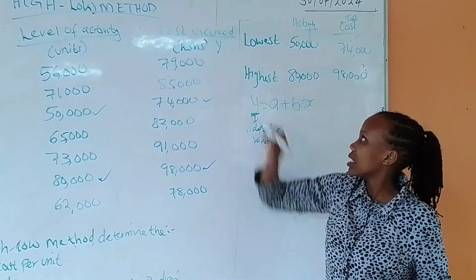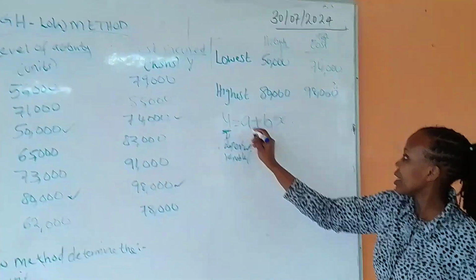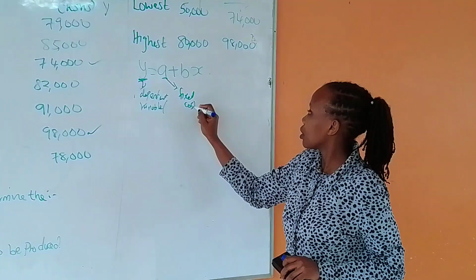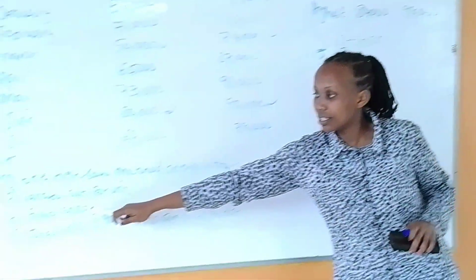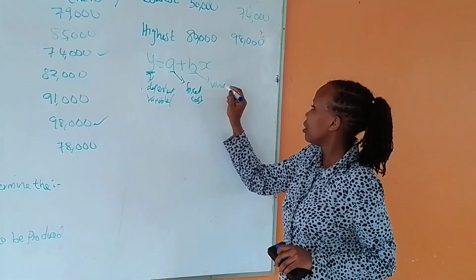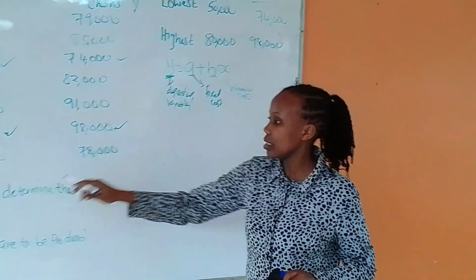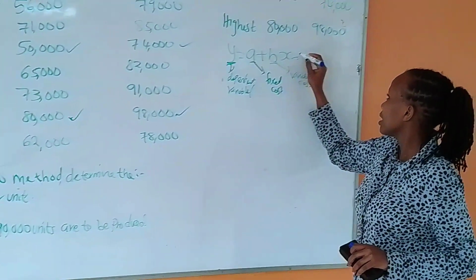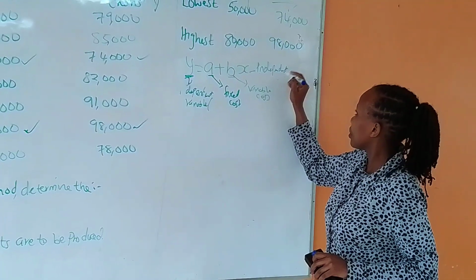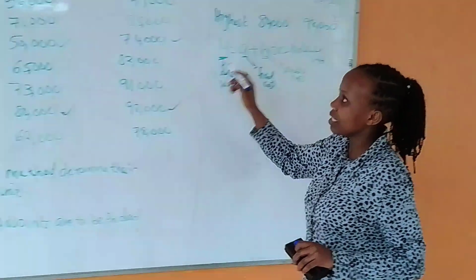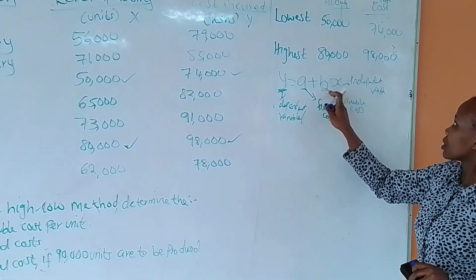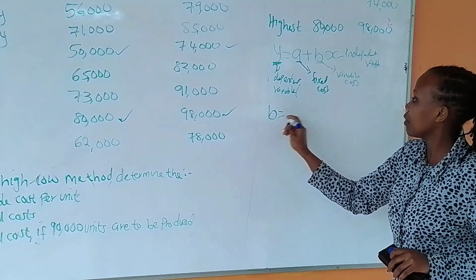Then a is the fixed cost, which you are going to solve in this question. b is the variable cost, the one that we solve here. Then x is the independent variable, which is the level of activity.